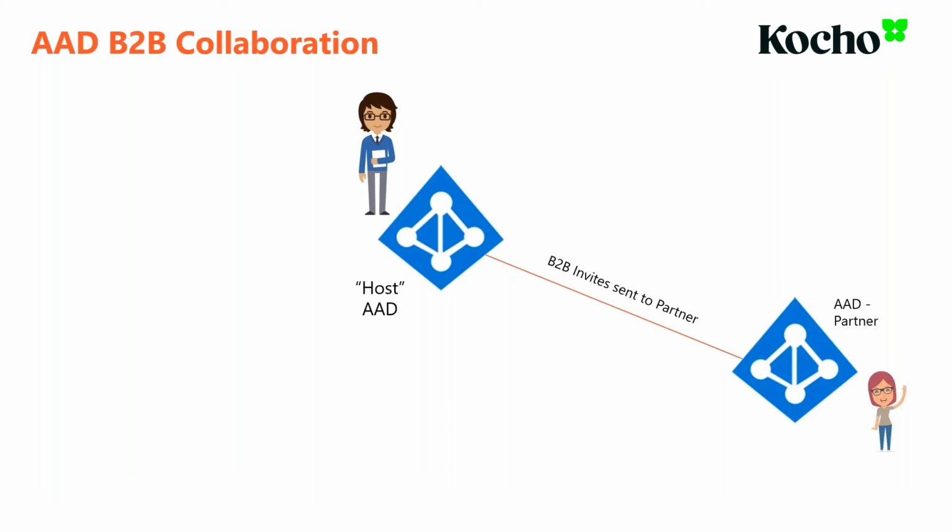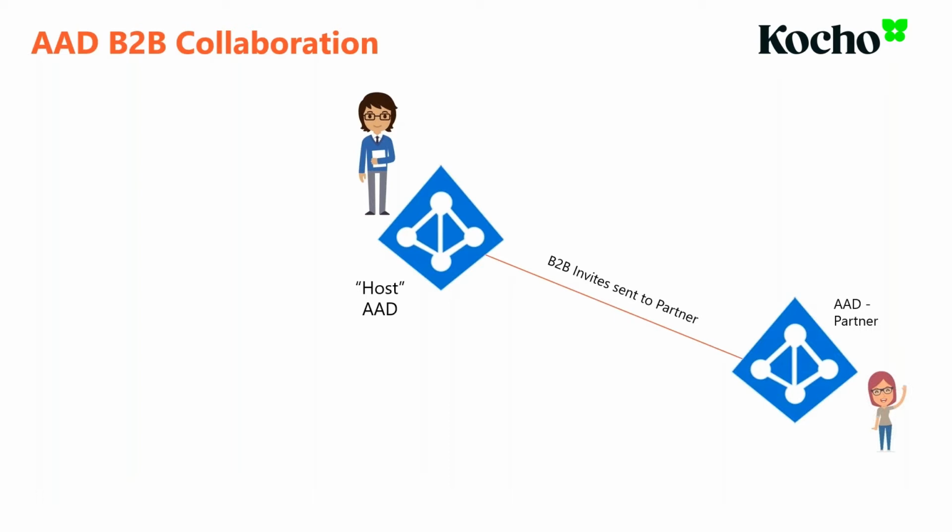They are able to then click on the invitation and access the application that they've been invited through to. Their credentials stay in their own Azure Active Directory. What happens is that they're bounced to their Active Directory to sign in.